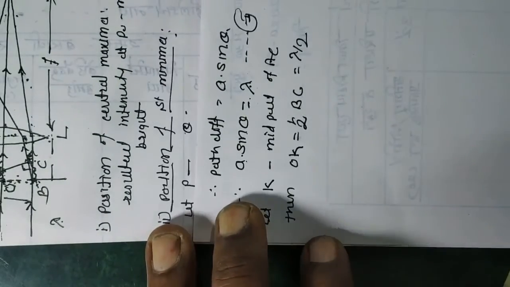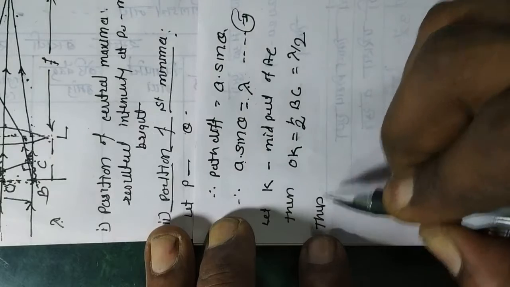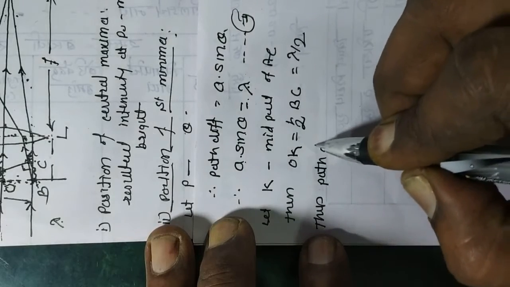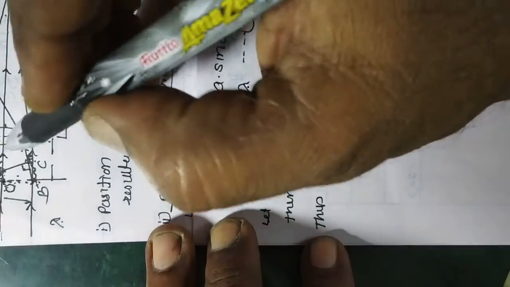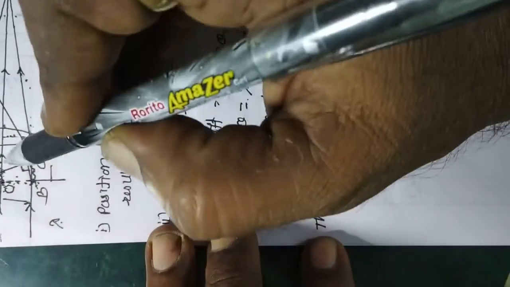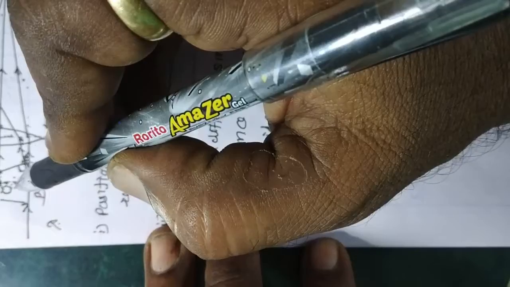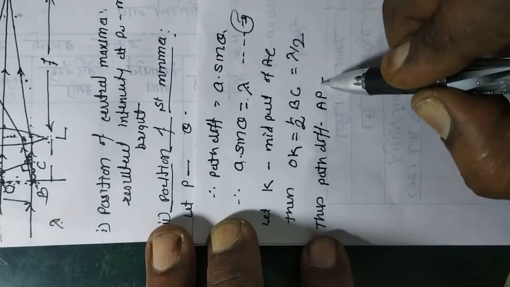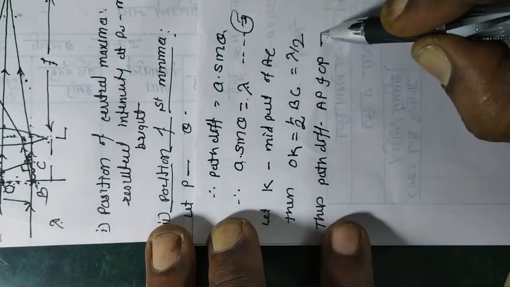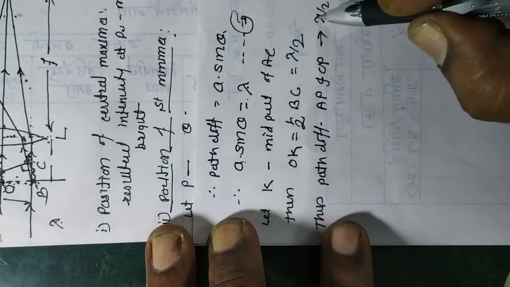Thus the path difference between AP and OP is lambda by 2.